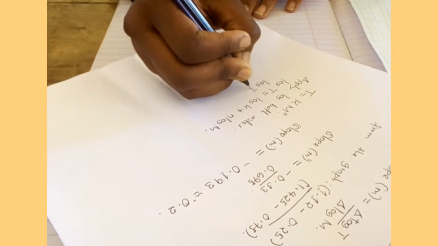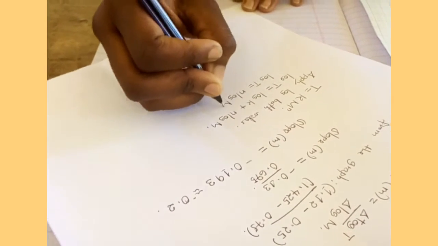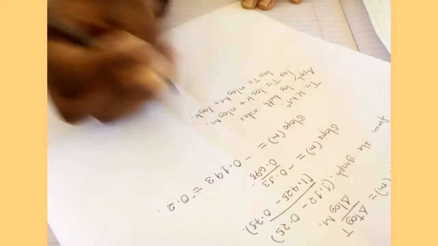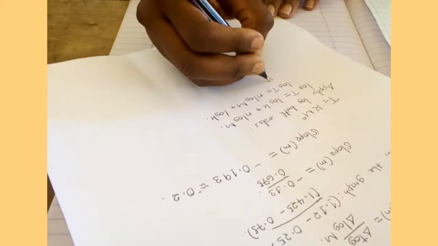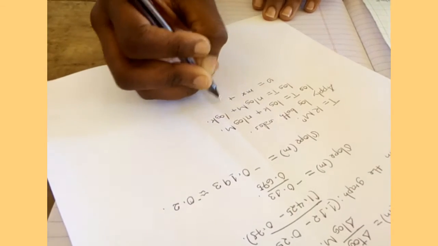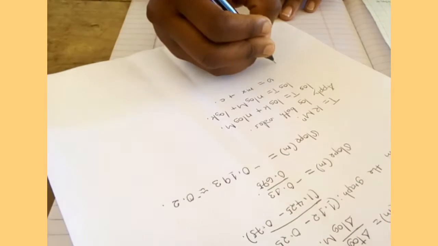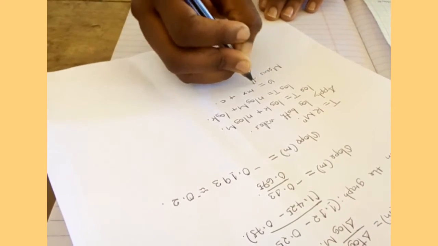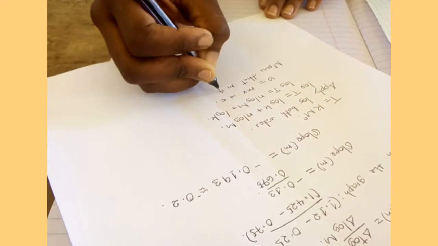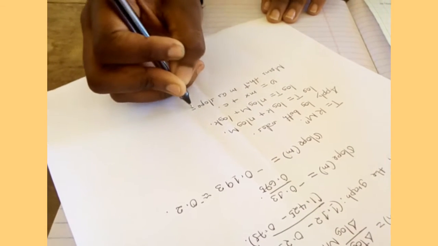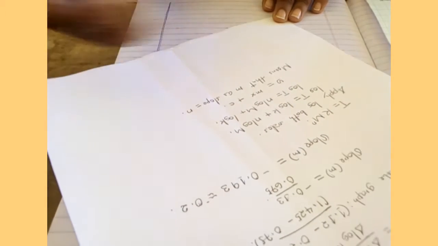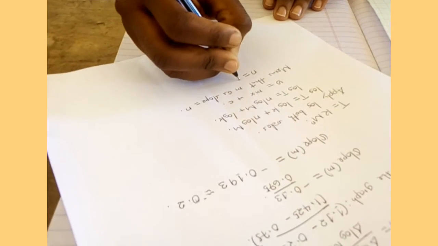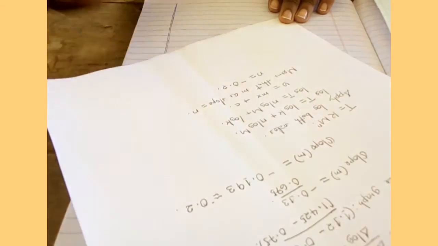Then log t is equal to n log m plus log k. From the formula y is equal to mx plus c, it means that m as slope is equal to n. So n is equal to negative 0.2.